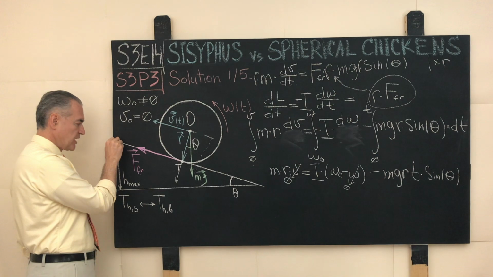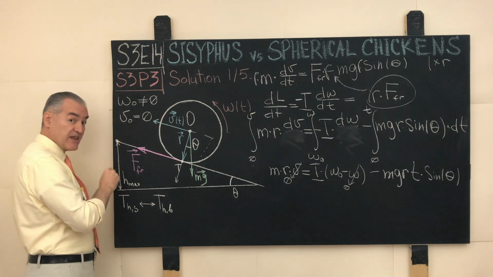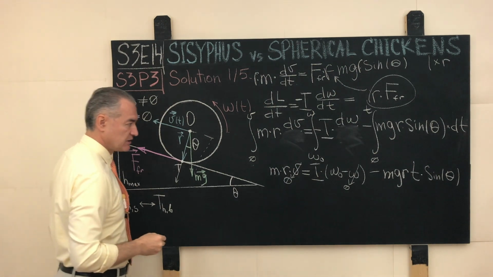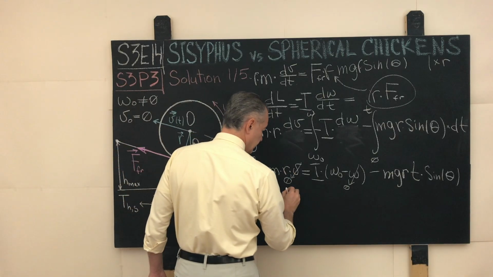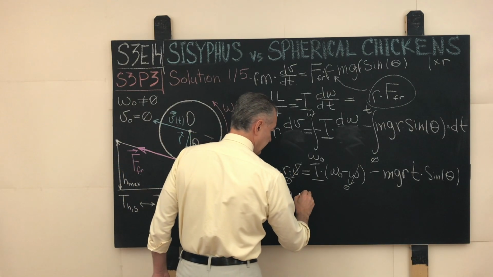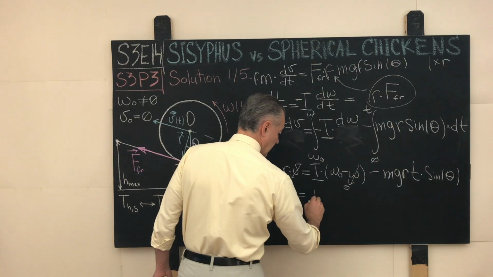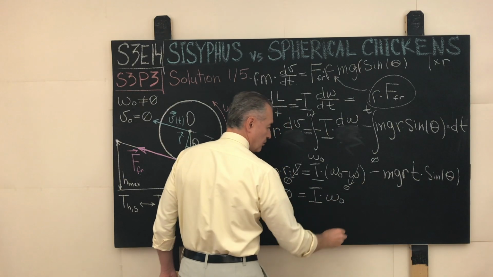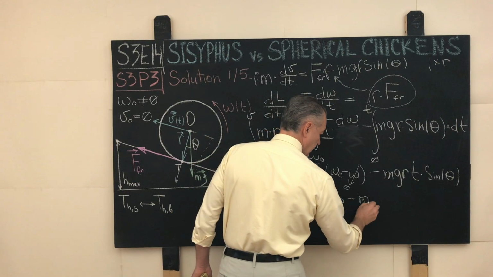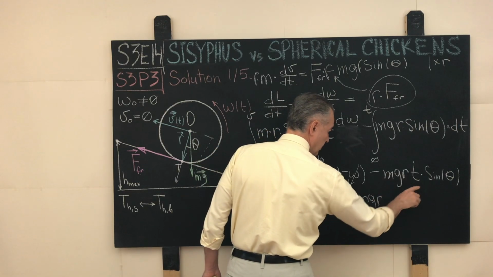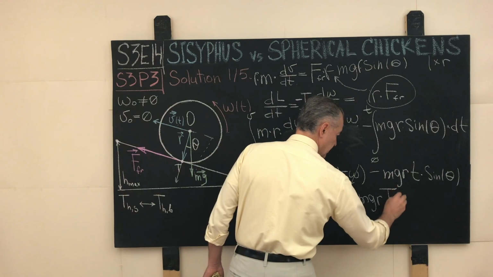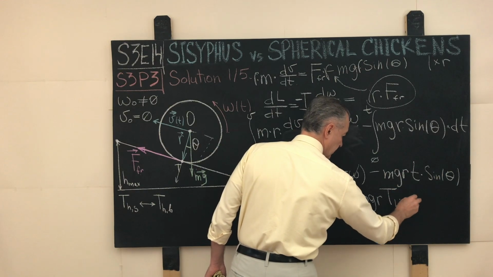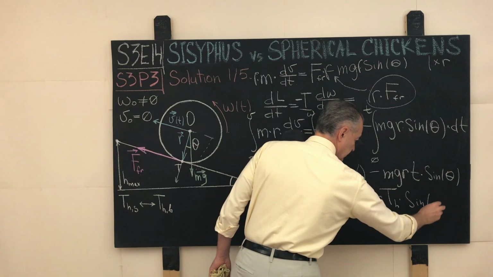It climbed to the highest point that it could possibly climb. So here we have 0. Here we have the moment of inertia times omega 0 minus mg r. The time t becomes t sub h times sine of theta.